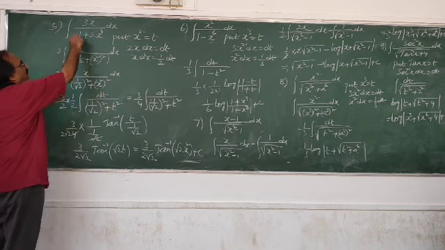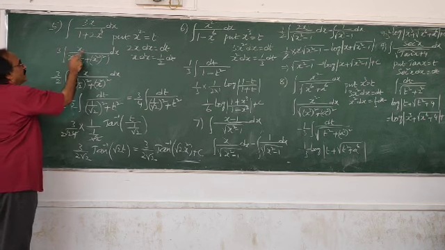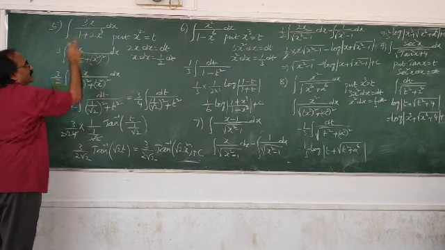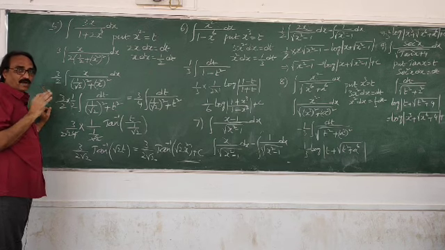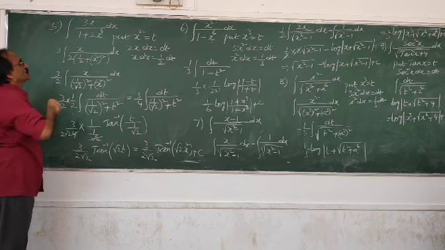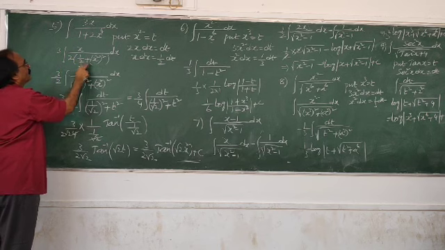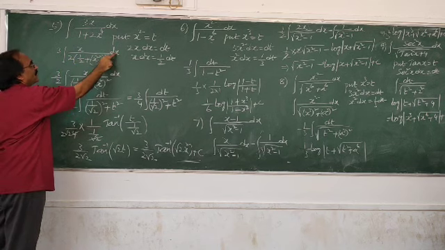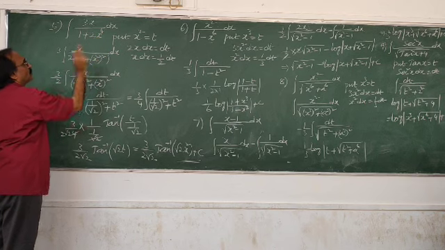Here 3 is already there, so I took it outside the integral. As I said, when there is a quotient of x power 4 or x square, it is better to take the constant common so that there won't be any human errors. So I took 2 common, giving 1 by 2 plus x square whole square dx, where x power 4 is written as x square whole square.